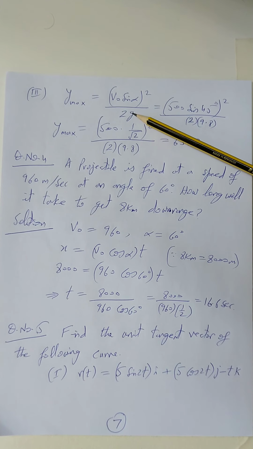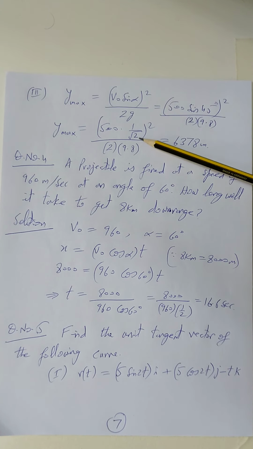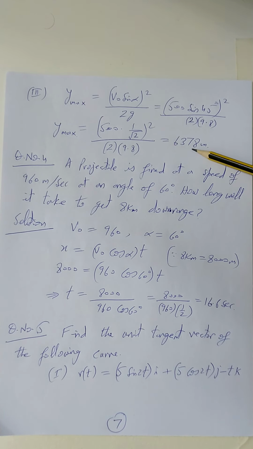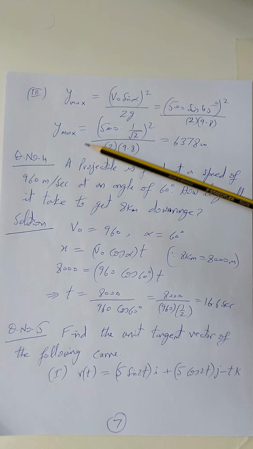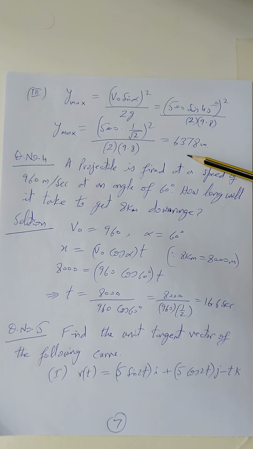Again, you have to memorize this formula. Now you can substitute the values. v₀ is given as 500, alpha is 45 degrees, and 2 times g, which we know is 9.8. The value of sin 45 degrees is 1 over root 2. Simplify this all and you will get 6378 meters. So y maximum is 6378 meters.